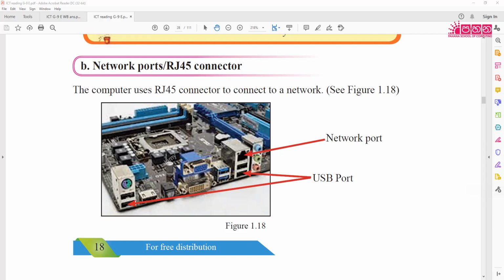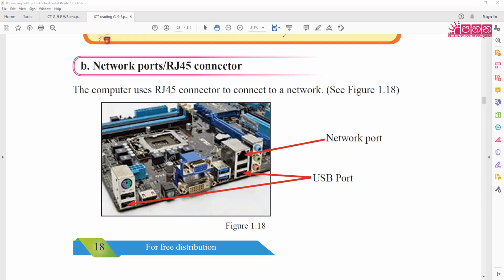Okay. Yes, sir. Okay. Senhiru, I guess you also have a lab in your school.